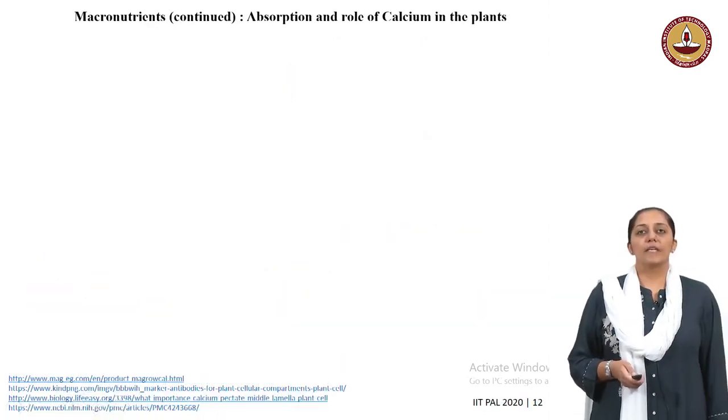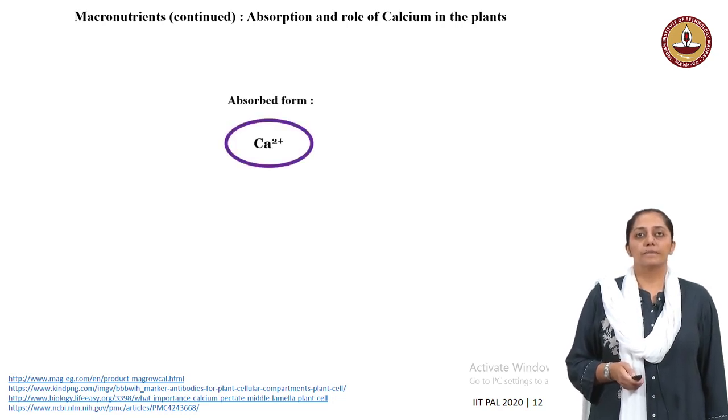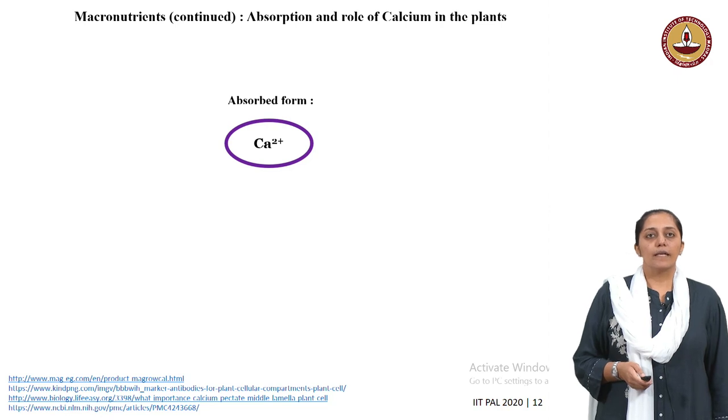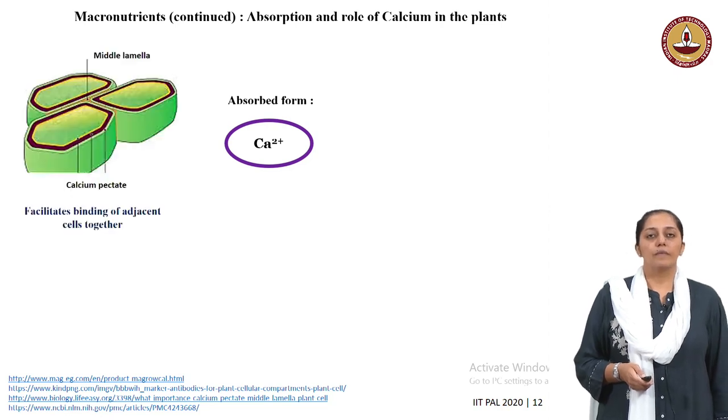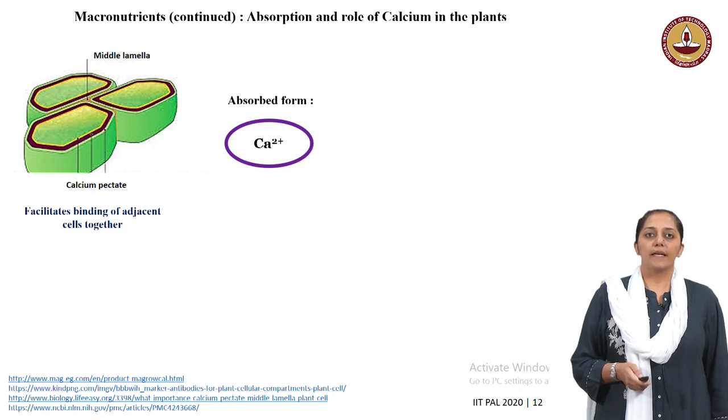So, now talking about calcium absorption and role in plants. It is absorbed again in its ionic form. Calcium in the form of calcium pectate facilitates the binding of adjacent plant cells.